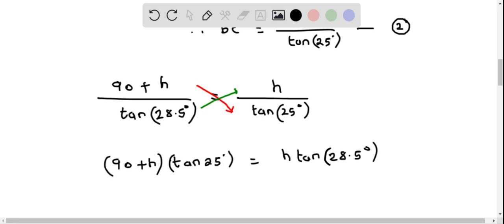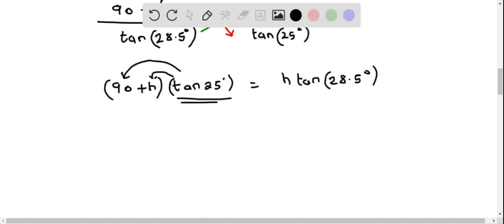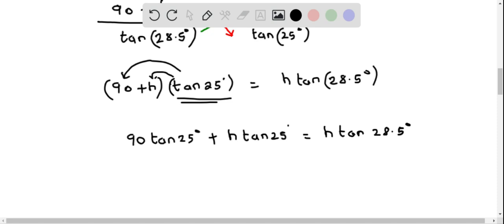Let's distribute this tangent of 25 degrees into the terms inside the bracket. And doing so, we get 90 times the tangent of 25 degrees plus H times the tangent of 25 degrees, and this equals H times the tangent of 28.5 degrees.